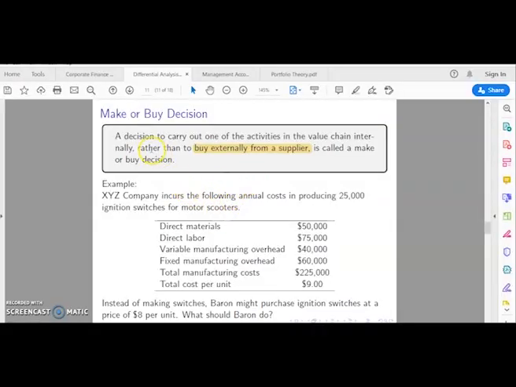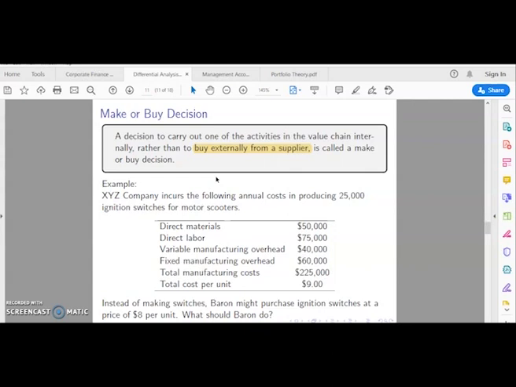Okay, so the next item for decision making is the matter of making the product or buying the product. So what is the make or buy decision? In fact, a decision to carry out one of the activities in the value chain internally rather than to buy externally from a supplier is called a make or buy decision.